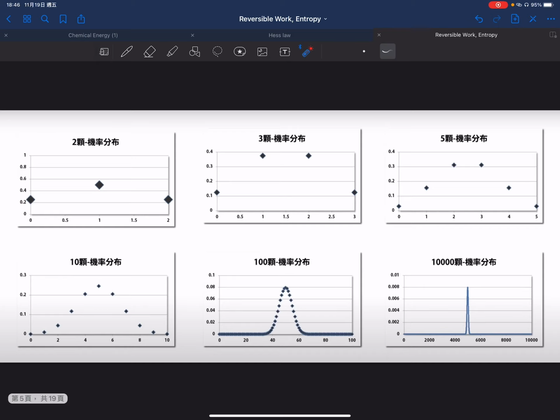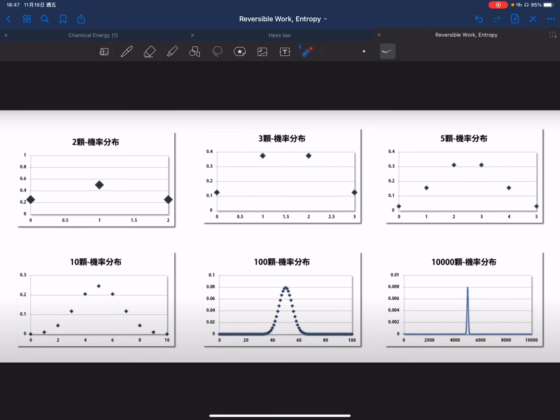And because the total amount is 2, when one ball is in the left-hand side and 1 ball in the right-hand side, the possibility reaches the highest amount. From the chart over here, we can see that this tends to be like a normal distribution.